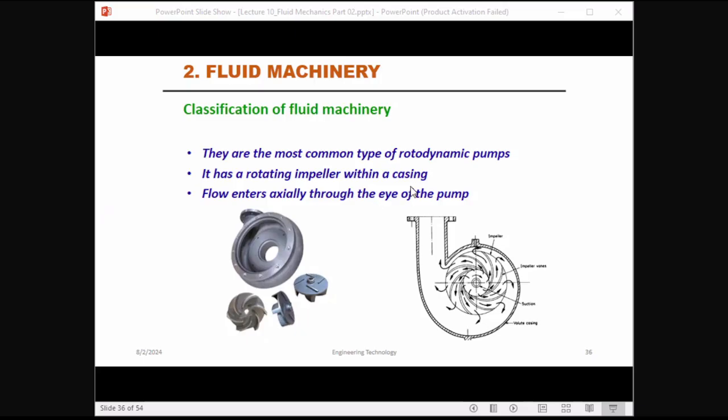We can use this type of pump in applications such as water supply systems, chemical processing, and sewage treatment plants. We can see a lot of applications.